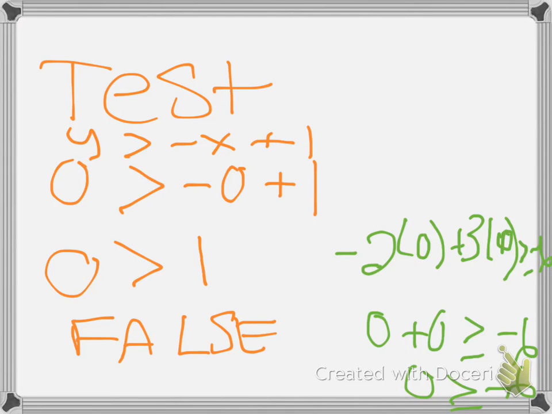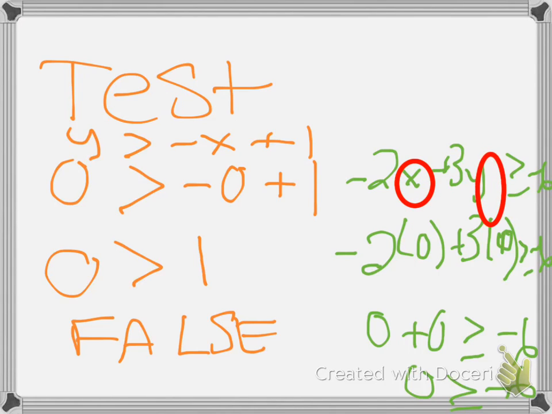This is a true statement. Again, where did I get those numbers? Well, 0, 0 is my test point, and my function is negative 2x plus 3y is greater than or equal to negative 6. So I plugged my zeros in for the variables there.